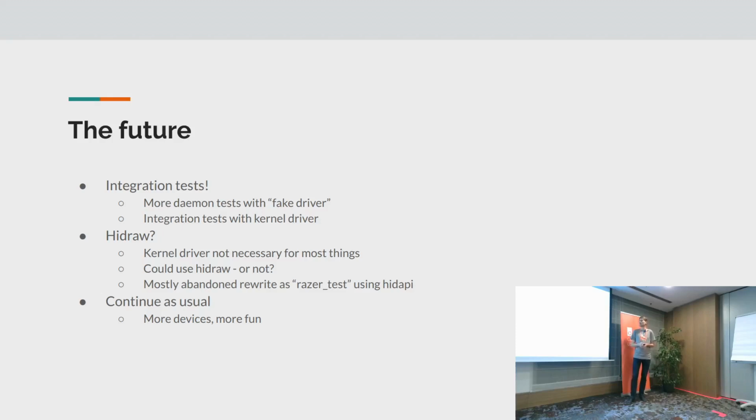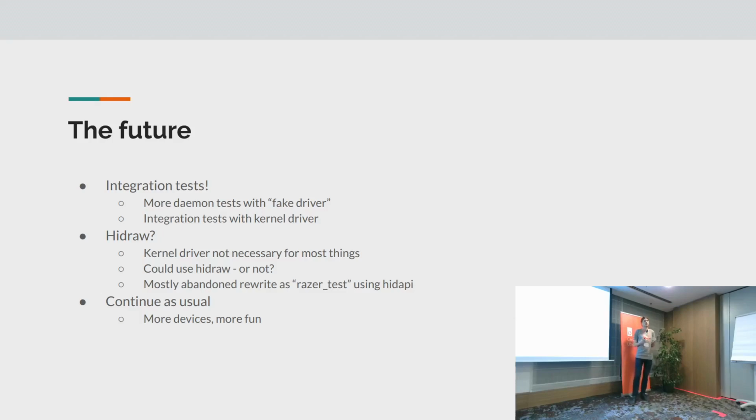For this kernel driver testing, which I didn't really go into, a guy made a script that emulates the USB device, so the kernel driver can actually talk with the USB device, and then we can have a script dump the packets that our kernel driver sends to a USB device to a file.